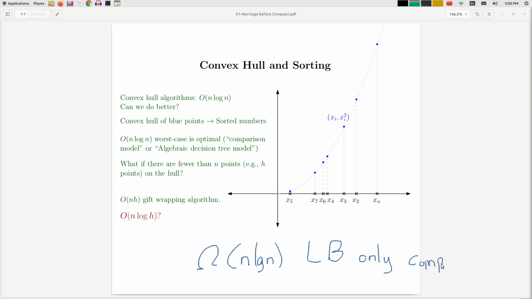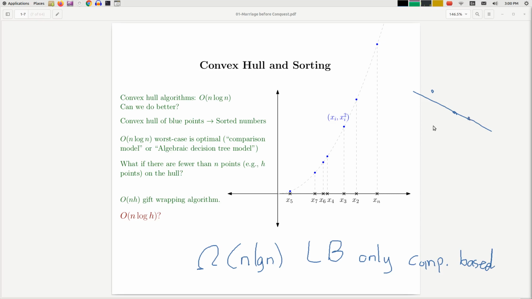But of course, when it comes to convex hulls and points, we are allowed to do other operations. For example, you could manipulate the points. You do sidedness tests. Given 2 points, you can draw a line through them and check whether another point is above or below.